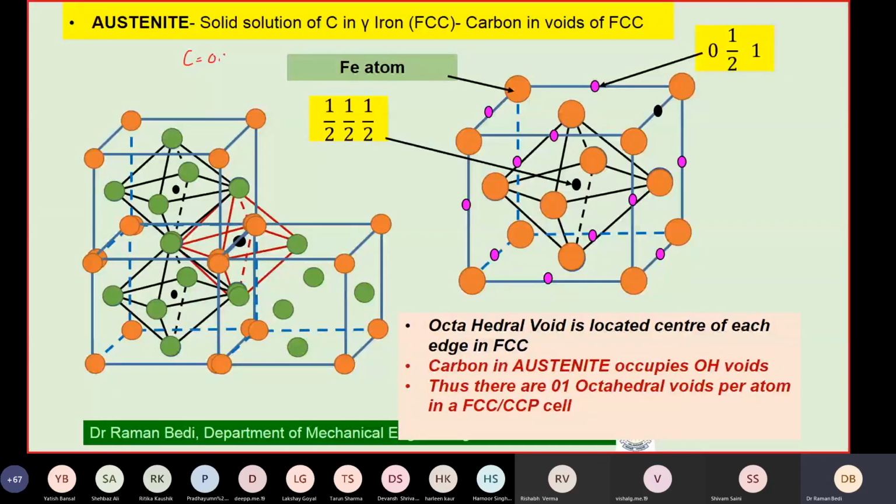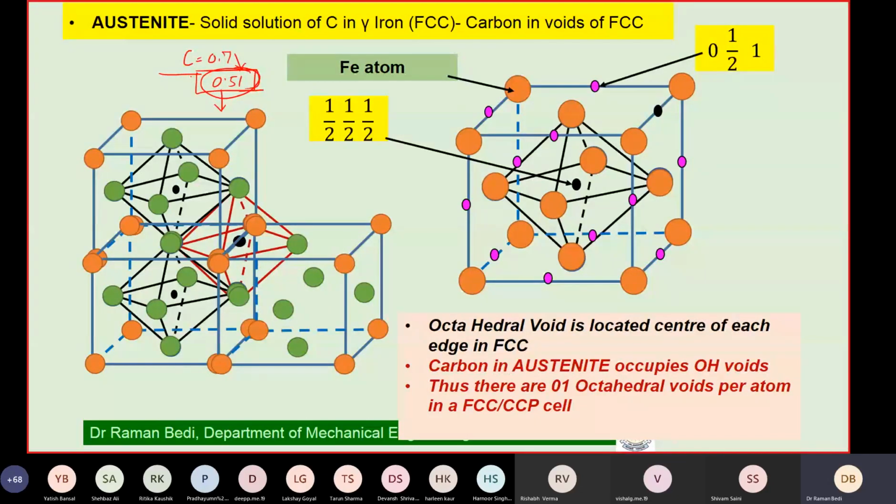So still the carbon atom is larger than the octahedral void size, but it is accommodated into it with some strain, whereas in the case of BCC, this void size is even smaller, so less carbon atoms are accommodated into the solid solution.